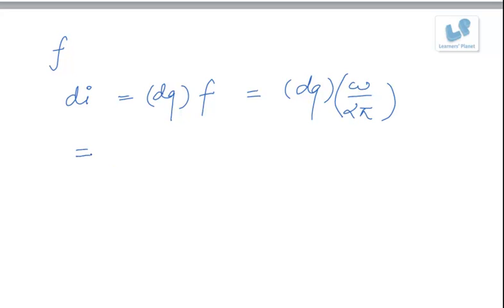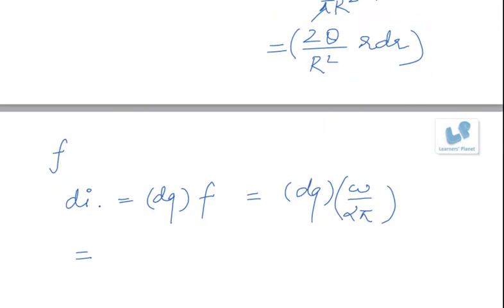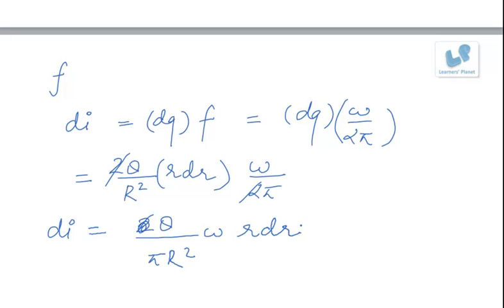Now if we substitute the value of dq here, we get 2q upon R square r dr times omega by 2 pi. The 2 will cancel out, so di is equal to q upon pi R square omega r dr.